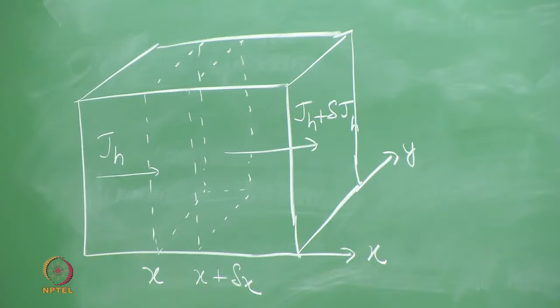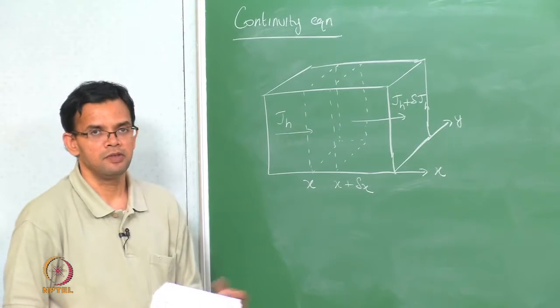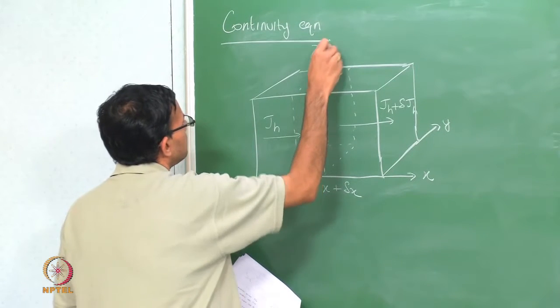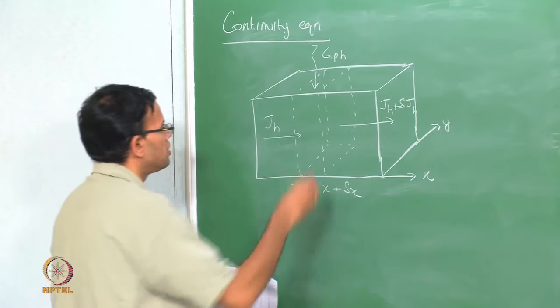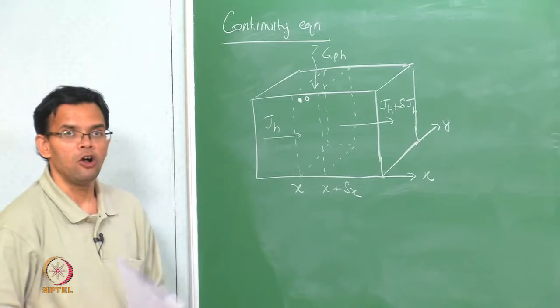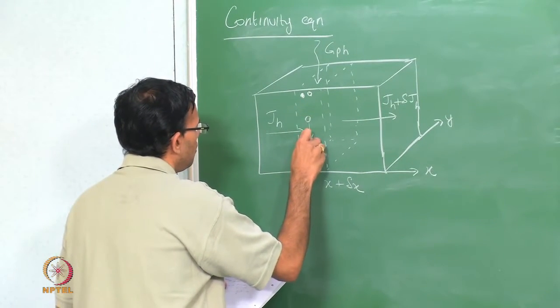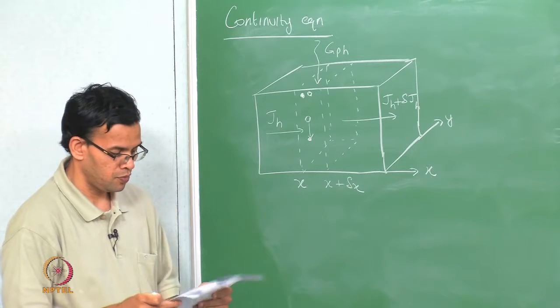If it is positive, we have some generation of holes within the slab. If it is negative, we have some loss of holes. We also have some incident light GPH, which creates electron hole pairs, and we also have a situation where we have recombination of electrons and holes. So, this process generates new holes, and the recombination basically leads to loss of holes.